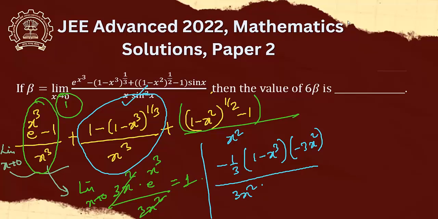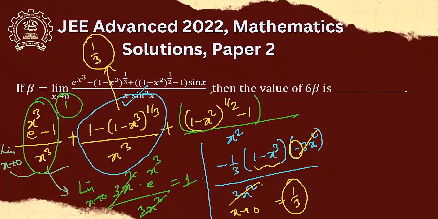This minus 3x square gets cancelled with this. For x tending to 0, this will be 1, and there is a minus sign left from here, so this whole thing will become 1 by 3. So the second term here is 1 by 3, so 1 plus 1 by 3 plus, now let's see what the last term is.